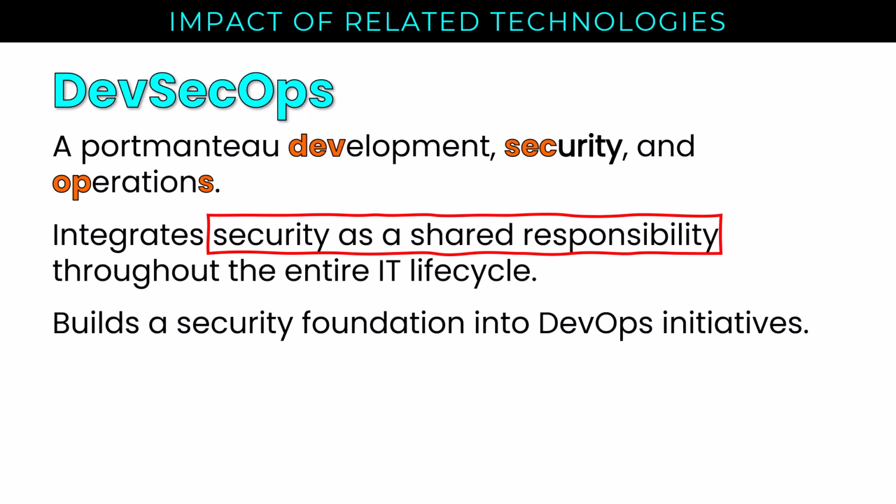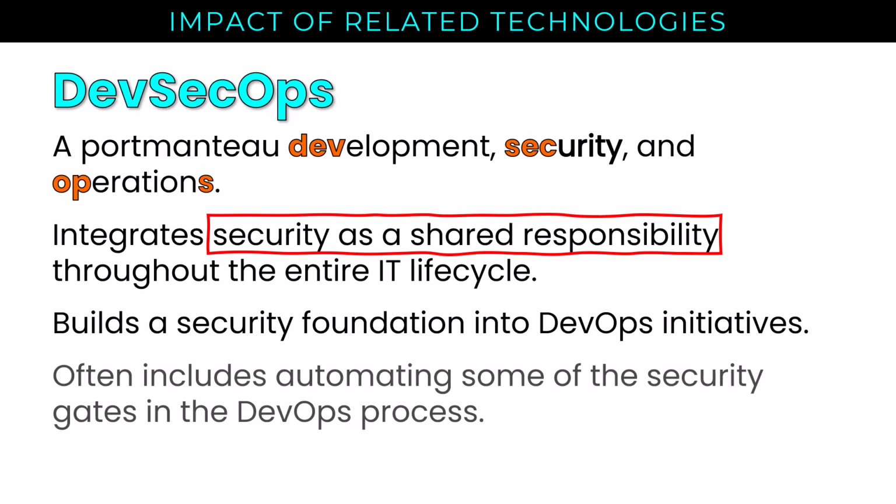It appears in the CI/CD process, throughout the process, really, moving back to the left to the beginning of the process. And it often includes automating some of the security gates in the DevOps process. And in the last couple of years, we've really seen DevSecOps elevated to become kind of the de facto approach.